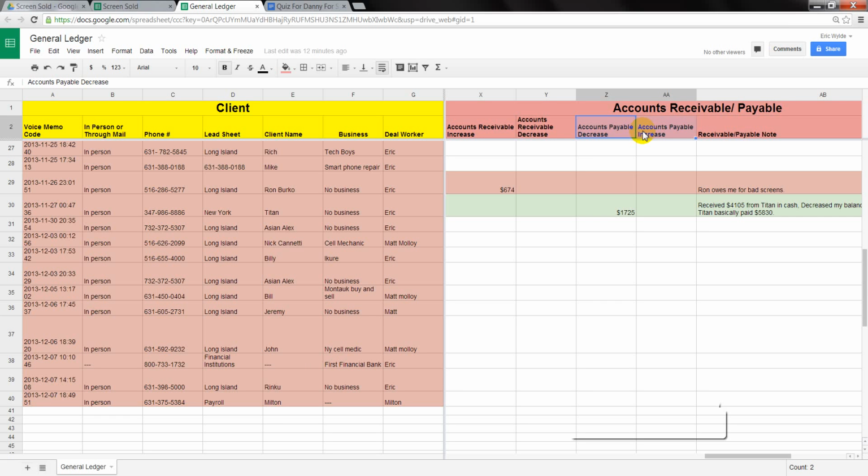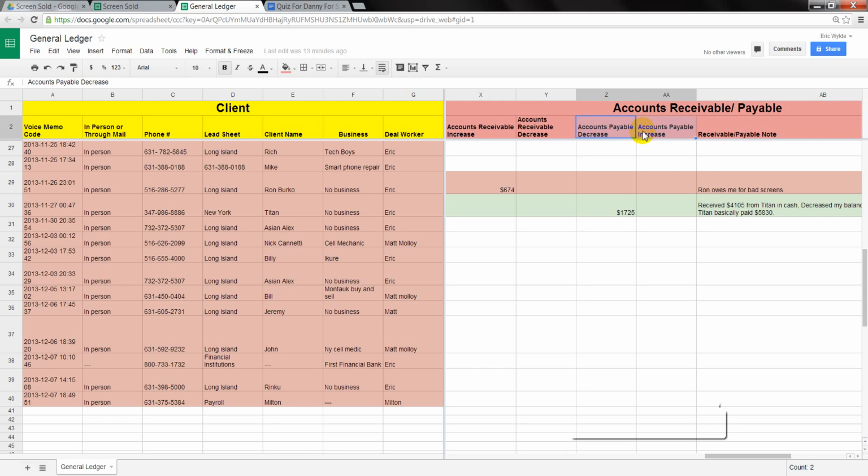The same thing with our clients. If we owe our clients money, there will be an accounts payable increase. If we pay off money that we owed our clients, it will be an accounts payable decrease.